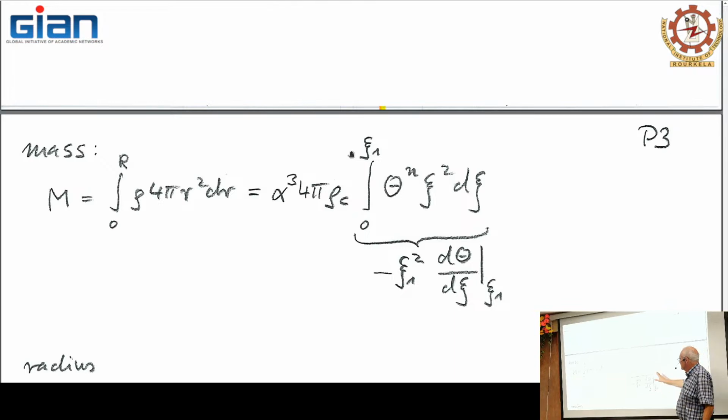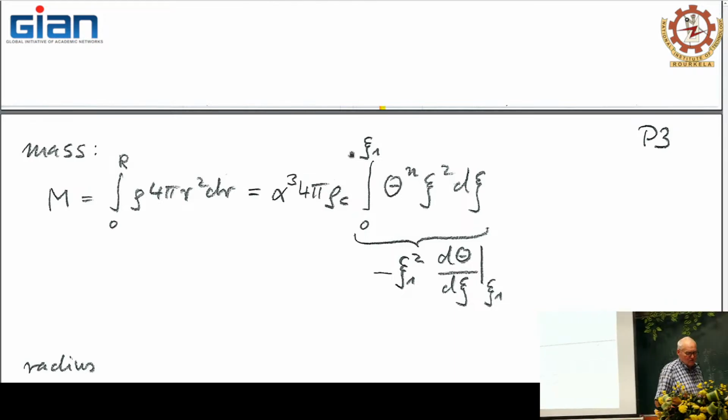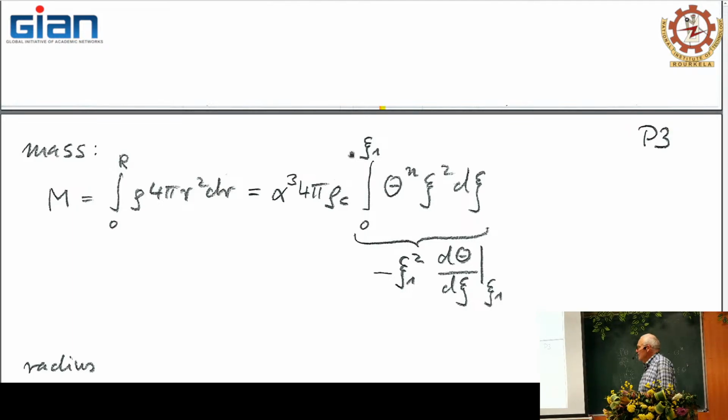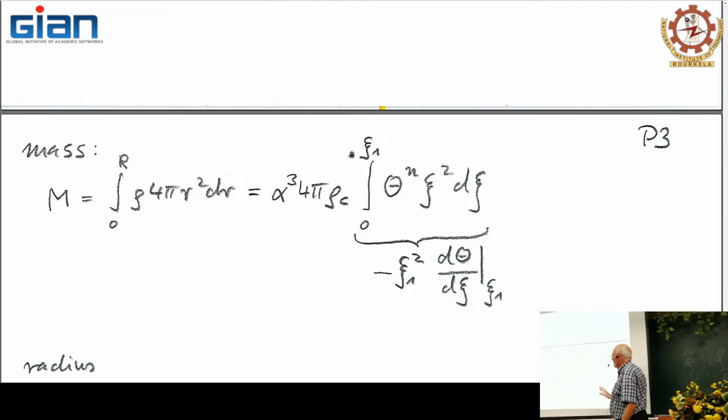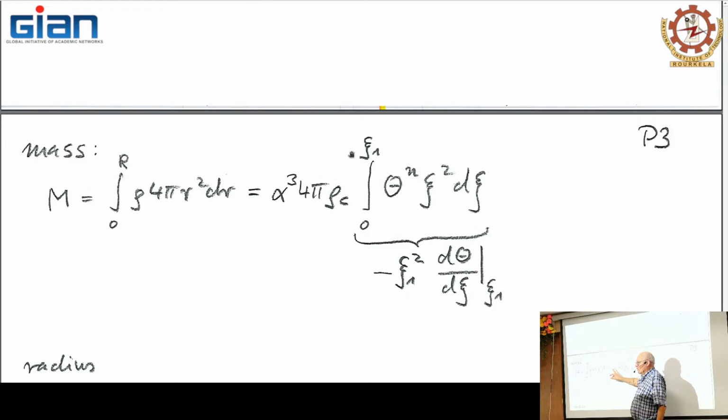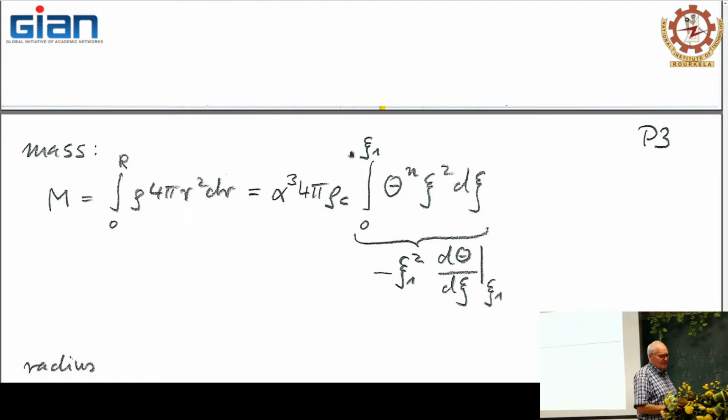So this is a quantity which is dimensionless and which is of order unity. The dependence on physical variables of M is the normalization constant alpha for the radius, and the normalization for the density, the central density.